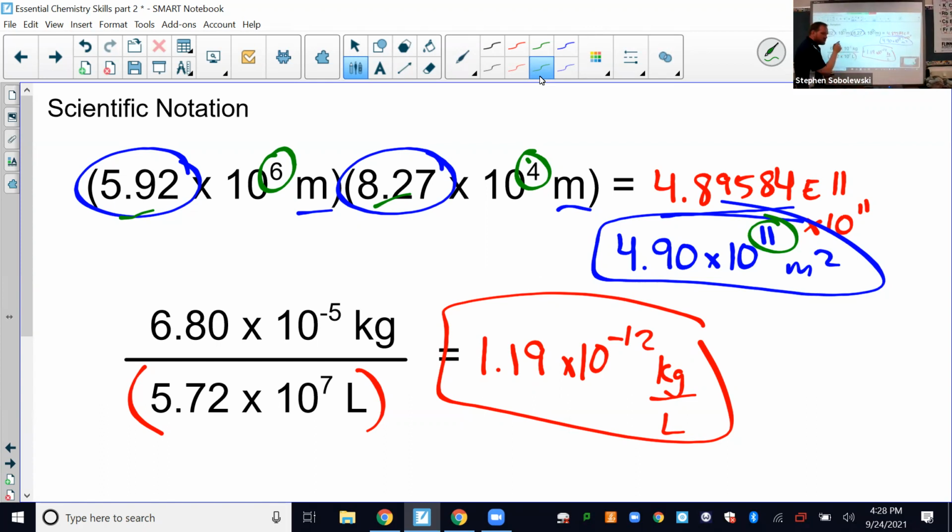Here, when you divide numbers, you're going to subtract those exponents. Negative 5 minus 7. What is negative 5 minus 7? It's negative 12. And notice how we hit it right on the nose there. The reason I bring this up is it's worth taking 10 seconds looking at what the exponents are and what they should end up being at the end of the problem, because then you can catch yourself if you make a mistake.